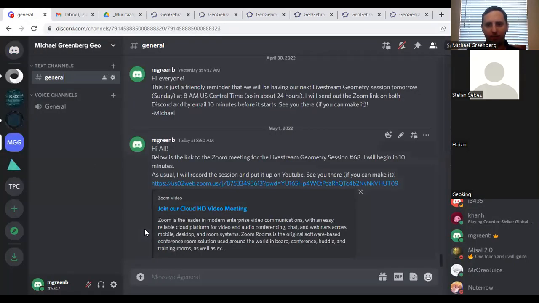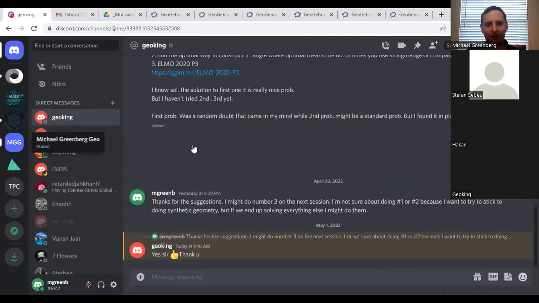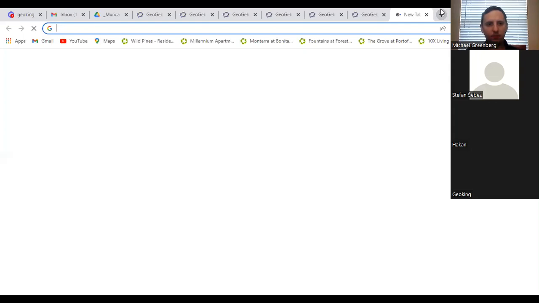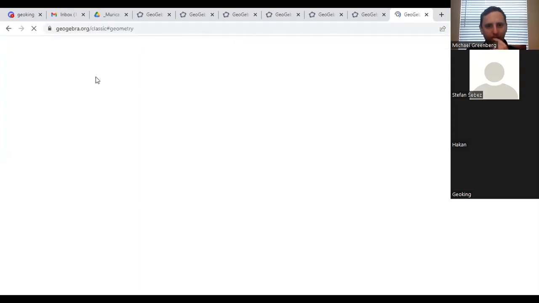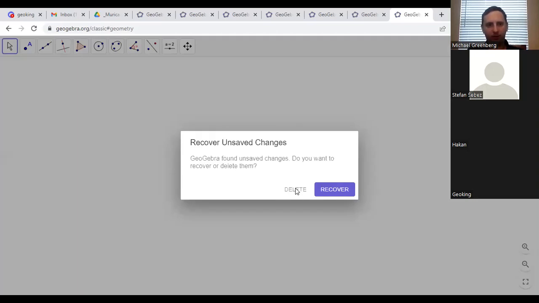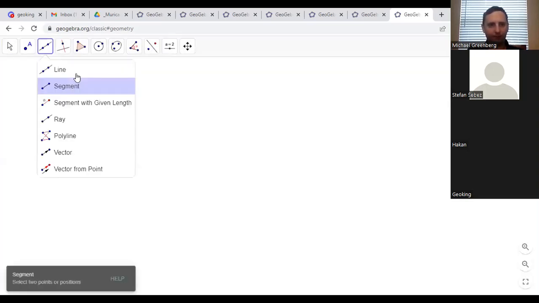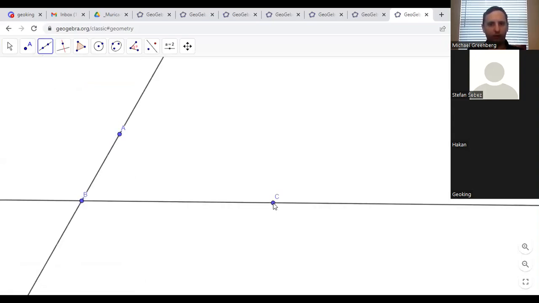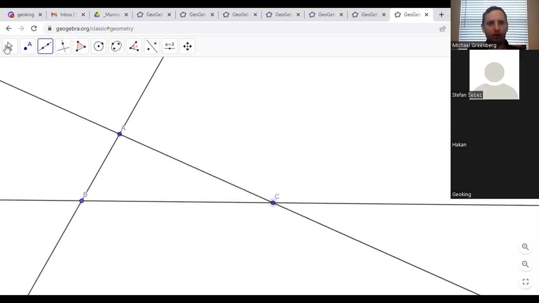So GEO King sent me a problem. GEO King, you mind if I share our chat? But basically it says if we have the 3 lines that form a triangle, and we can only use the perpendicular bisector tool in GeoGebra, can you construct the orthocenter of the triangle?